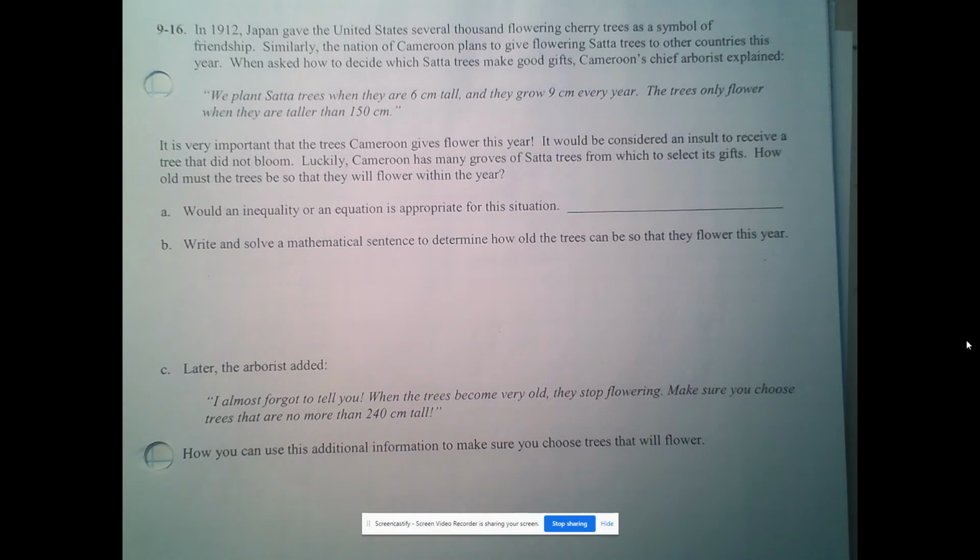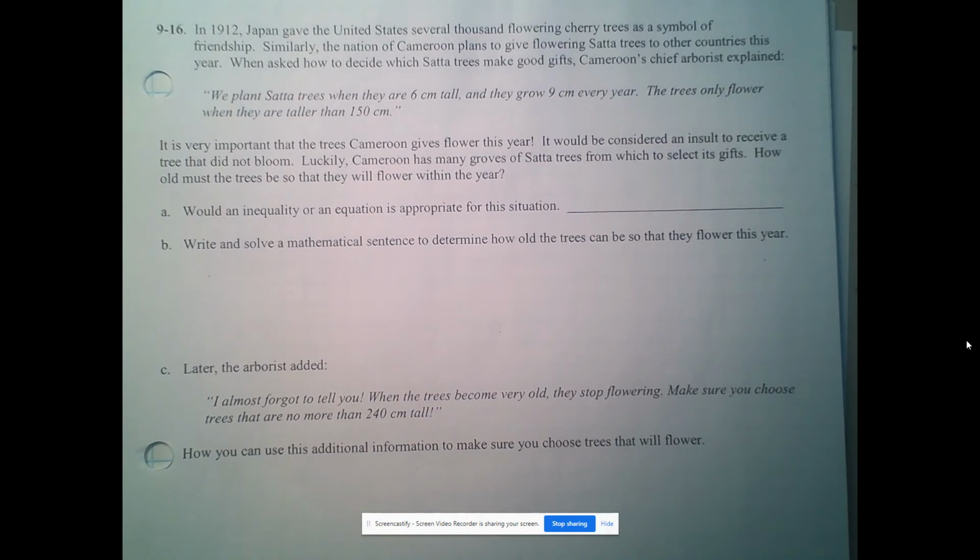The trees only flower when they are taller than 150 centimeters. It's very important that the trees Cameroon gives flower this year. It would be considered an insult to receive a tree that did not bloom. Luckily, Cameroon has many groves of sata trees from which to select its gifts. How old must the trees be so that they flower within the year?"